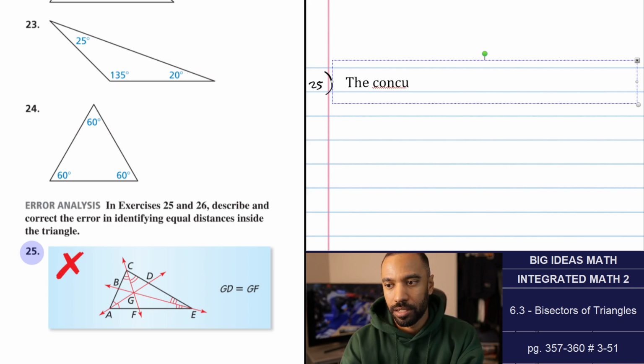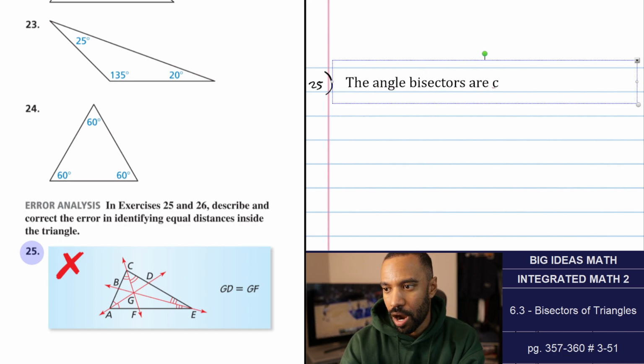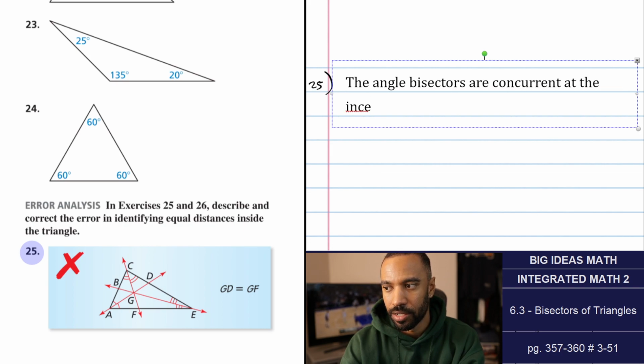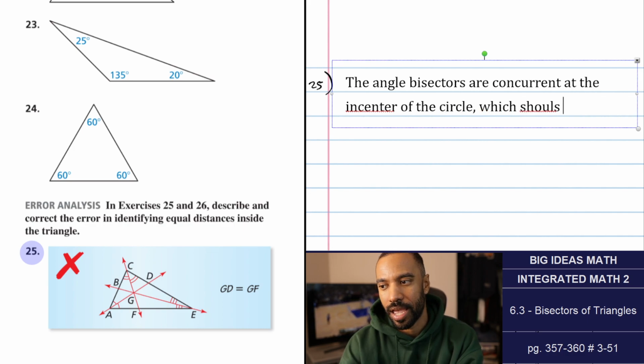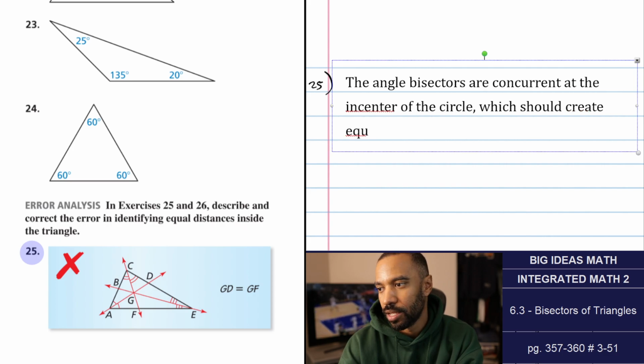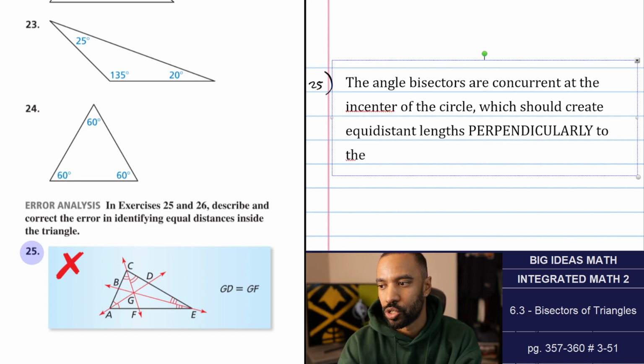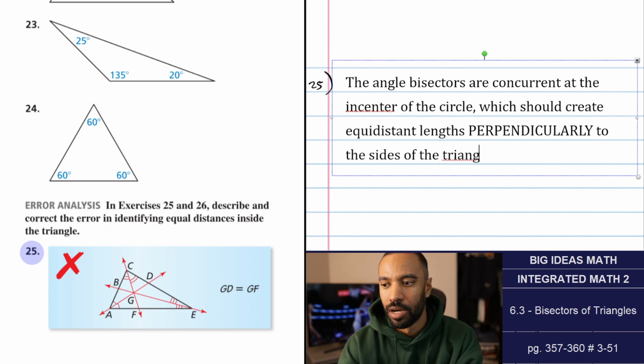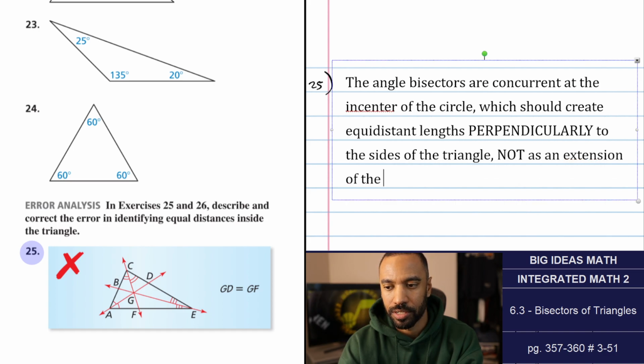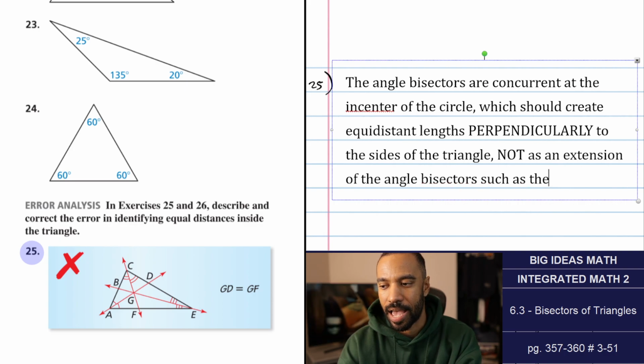The angle bisectors are concurrent at the in-center of the circle, which should create, here's me correcting it, which should create equidistant lengths perpendicularly to the sides of the triangle, not as an extension of the angle bisectors. Such as the work shown.